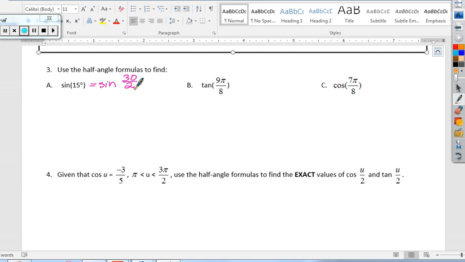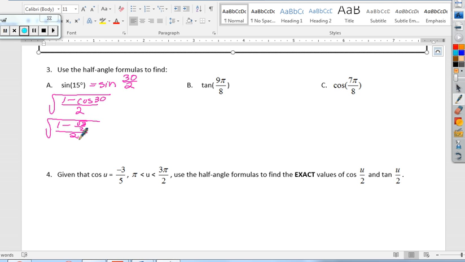So again, 15 is positive, so I'm going to use the positive formula here for sine. I'm not going to put the plus out in front. So it's going to be the square root of 1 minus the cosine of 30 all over 2. The cosine of 30 degrees is square root of 3 over 2 all over 2.